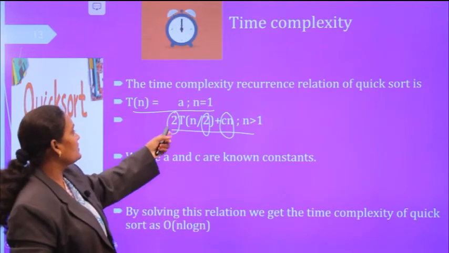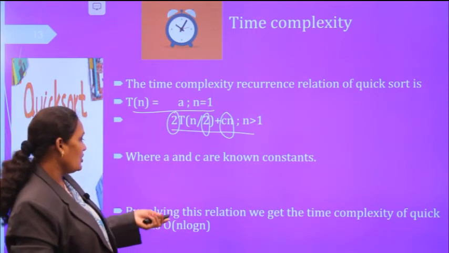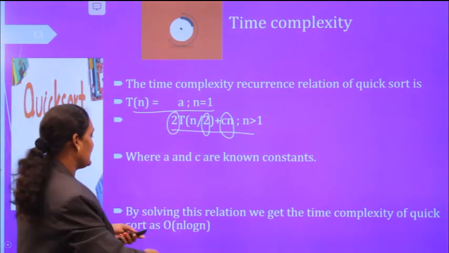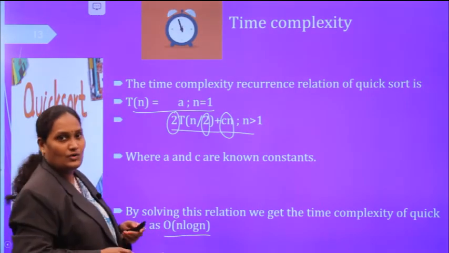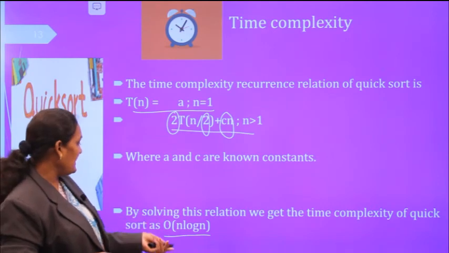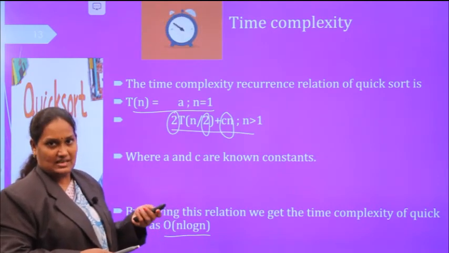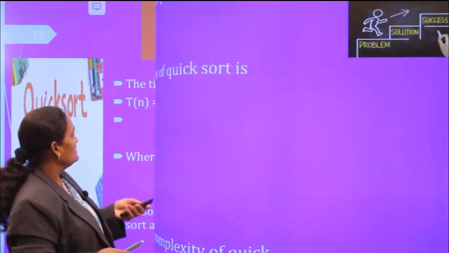That's why we represent 2T of n by 2. So by solving this recurrence relation, we will get the time complexity as big O of n log n. I explained how to solve this equation when we talked about merge sort.